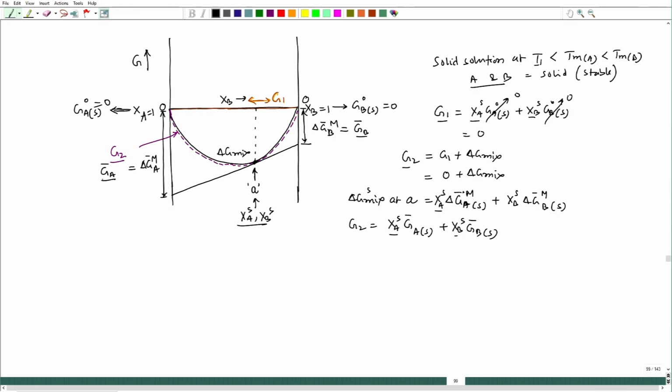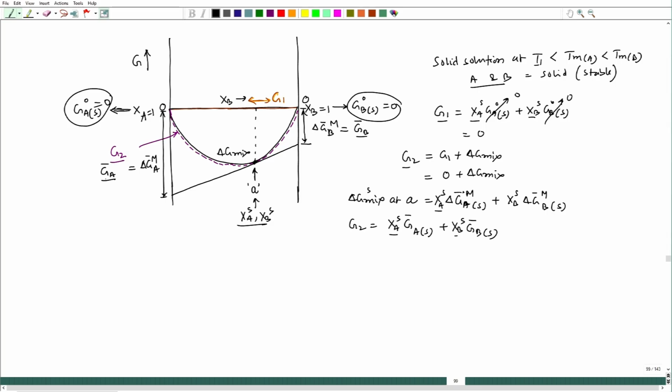That means, considering these two reference conditions, the common tangent over the solution line, wherever it cuts the pure conditions over the g axis, the y axis, that particular distance from 0 becomes my molar partial quantities.